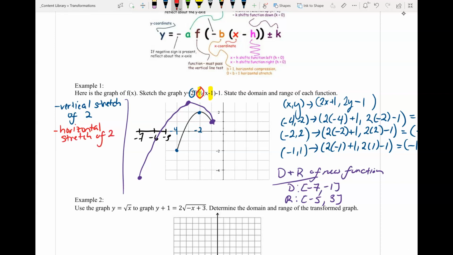You would do 1 over 2 to find that. Then we can state this one. We went to the right 1. And lastly, this -1 here affects your y, we moved down 1.